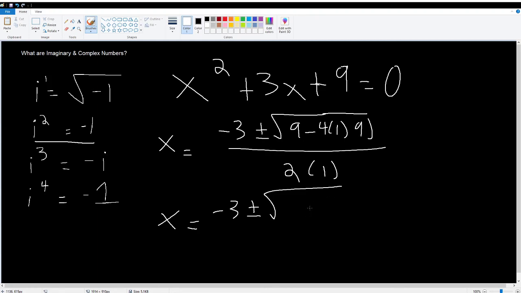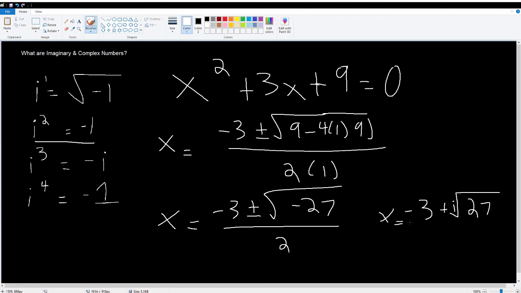So 9 minus 36 is negative 27, all over 2. And I get x is equal to negative 3 plus or minus... Anytime you see a negative number underneath a square root, you can take it out and make it i. So the square root of 27.